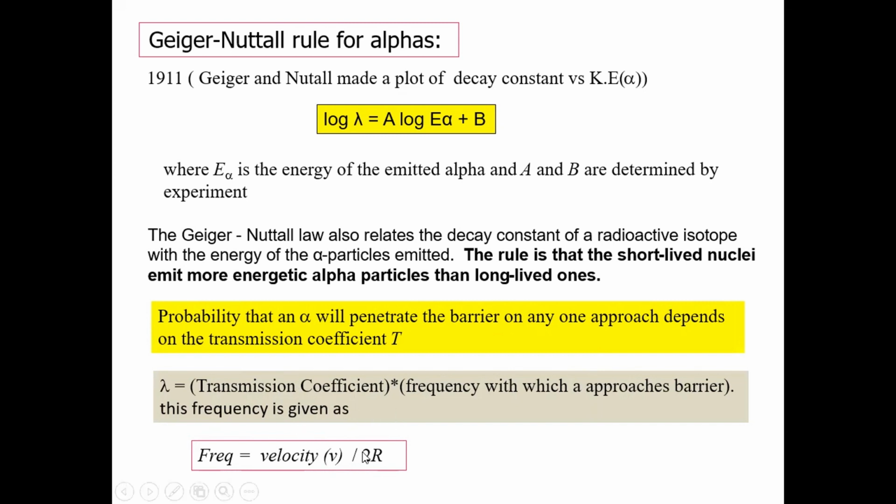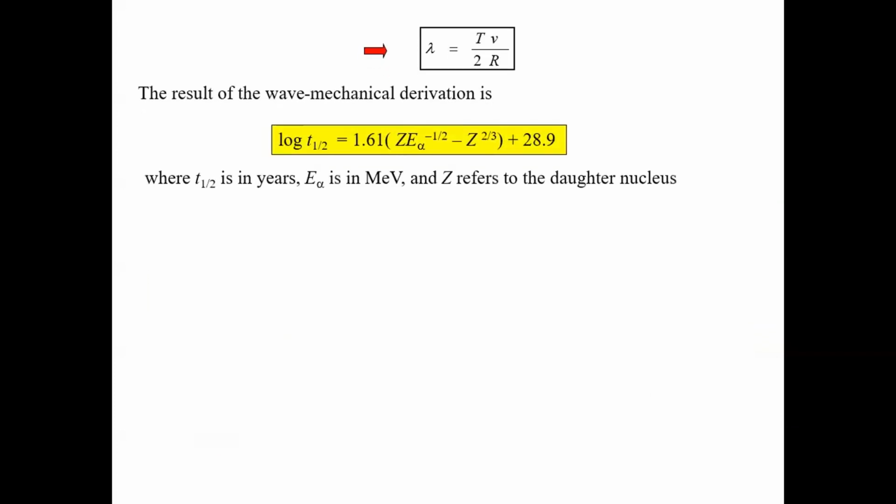The frequency with which the alpha particles approach is given by the velocity divided by the diameter of the nucleus, or twice the radius.